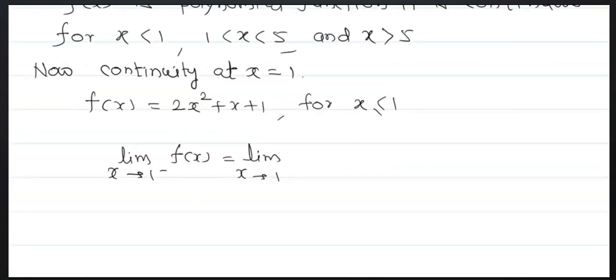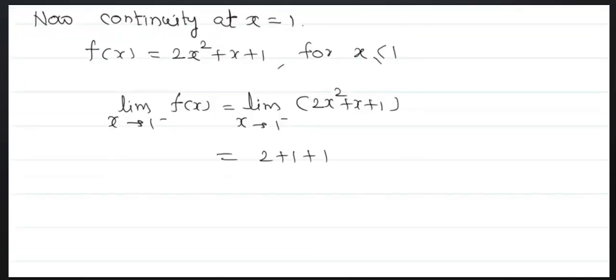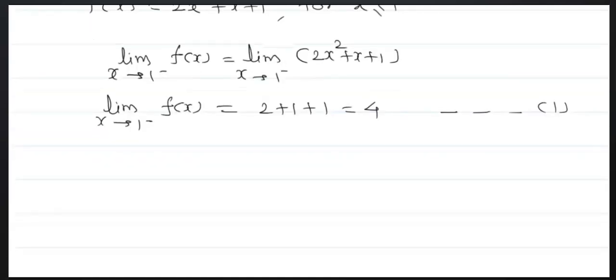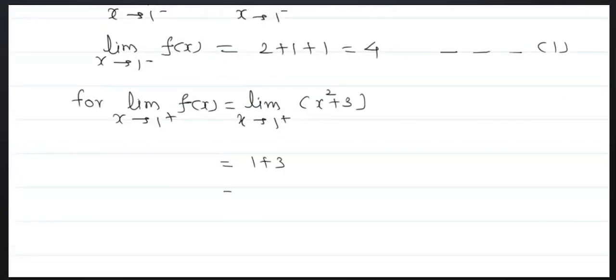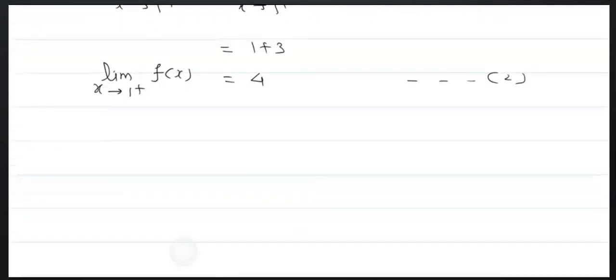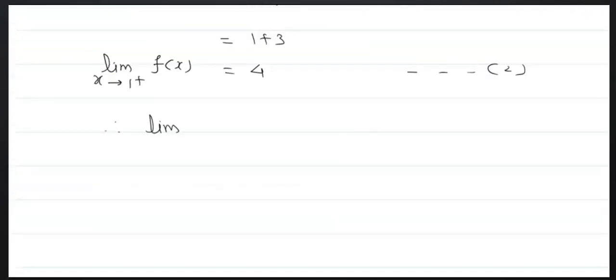The left hand limit of 2x squared plus x plus 1 as x tends to 1 has the value 4. For the right hand side, take the function x squared plus 3, that is 4. Both are equal. The given function is continuous at x equals 1.